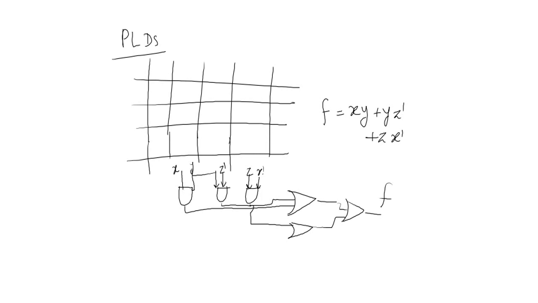So you will get the function f here. This is your OR plane, and this is your AND plane. These are the PLDs which you have studied in digital circuits. If you want to make a connection, we mark a cross here. A cross means these lines are conducting, so this line and this line are connected.